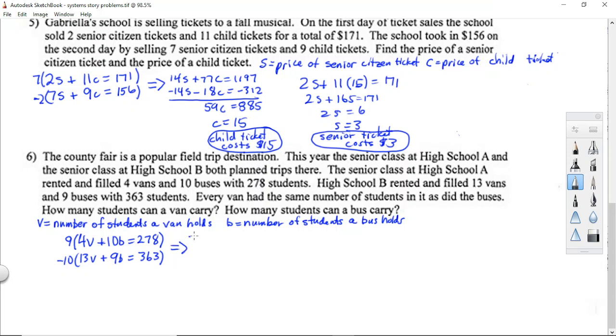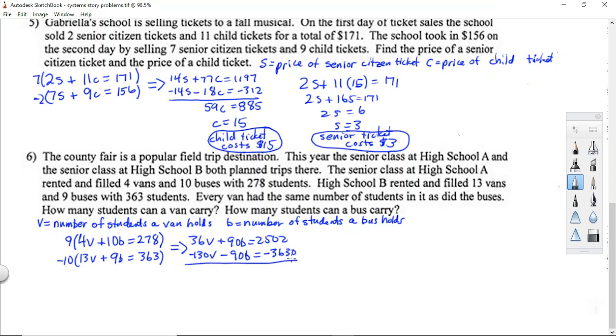So the top one, 36V plus 90B equals 2,502. And the bottom one is -130V minus 90B equals, this is negative, 3,630.